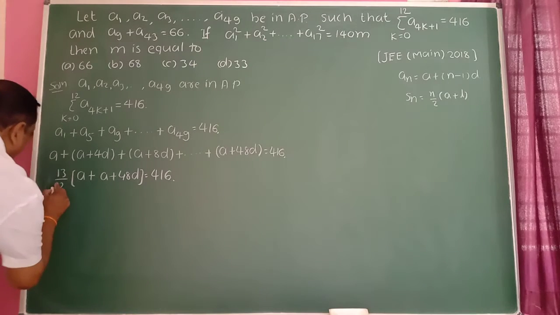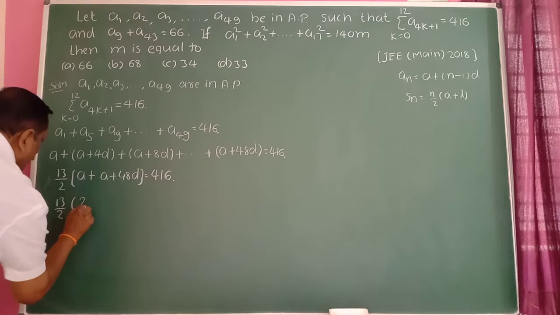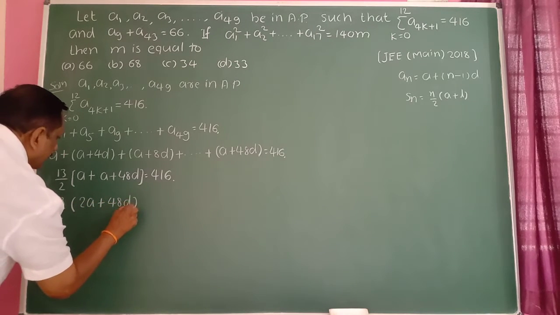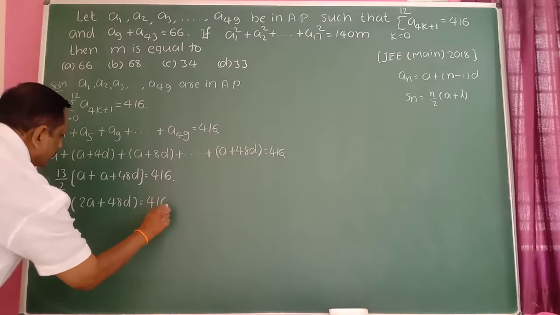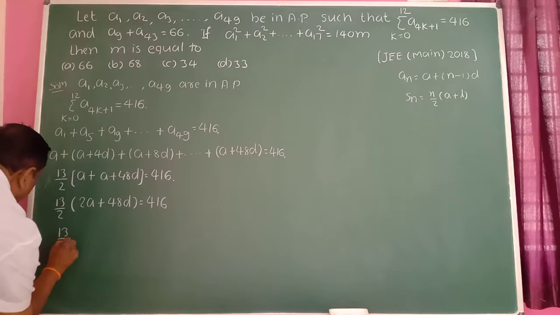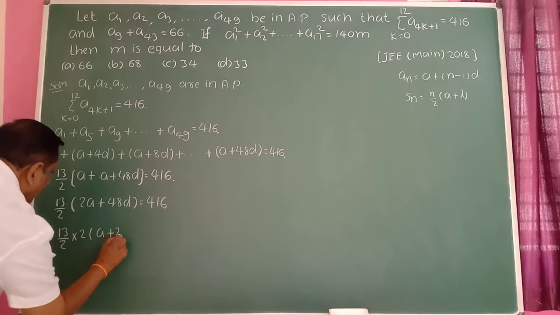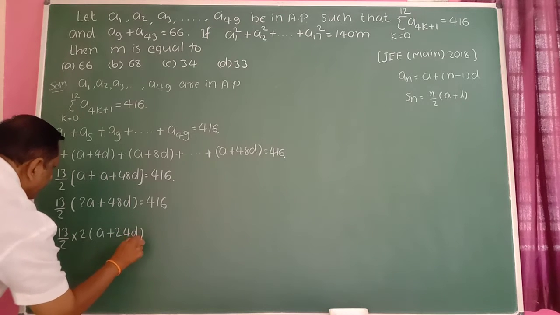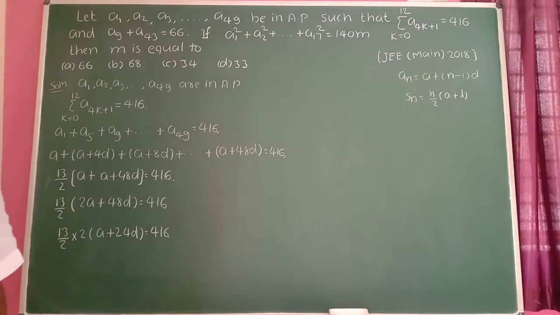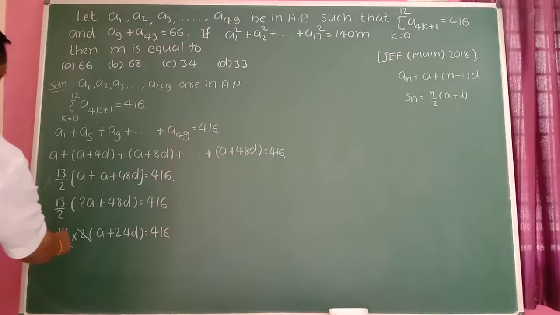Using this formula, n is equal to 13. Then 13 upon 2 into the bracket A plus A becomes 2A plus 48D is equal to 416. Take 2 as a common factor here. So 13 divided by 2 into 2 times (A plus 24D) is equal to 416. Then this 2 and this 2 get cancelled. Take 13 to the other side.